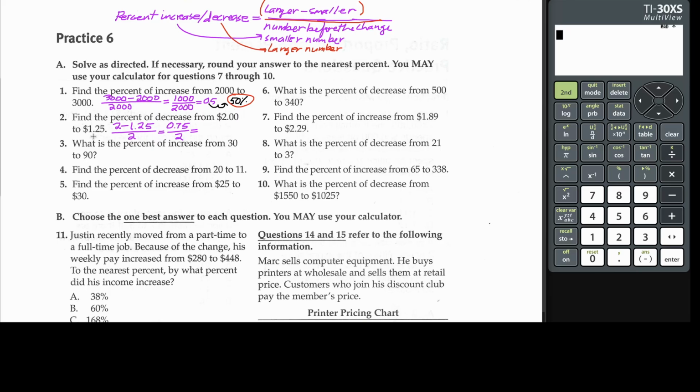On the right, if I hit 0.75 divided by 2, enter, I get 0.375.